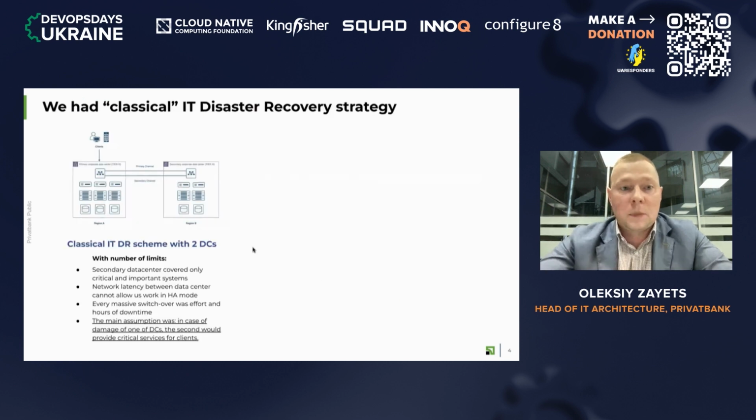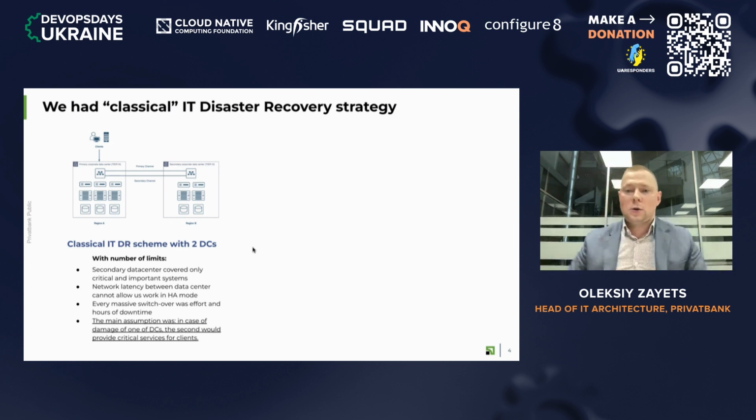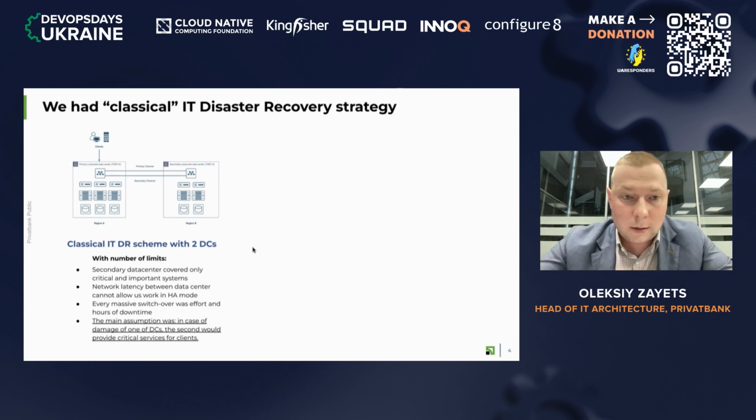Before the war, we had a pretty classical IT DR scheme with 2 data centers: the main data center serving our clients in real-time online mode, and a secondary data center we kept for disasters.